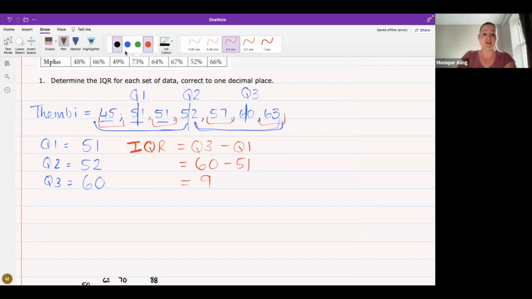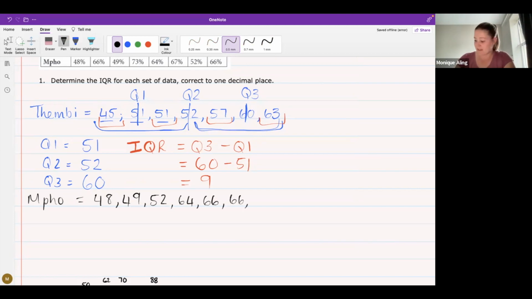Okay, I'm now going to do Umpo's IQR. So to work out the IQR, I have to first put the marks in order. So it is 48, 49, 52, 64, 66, 66, 67, 73.